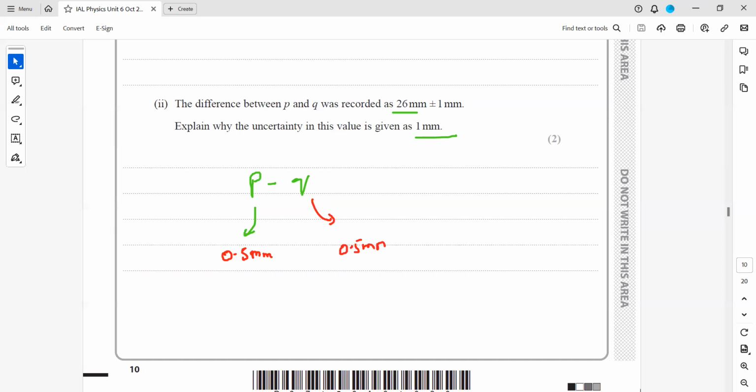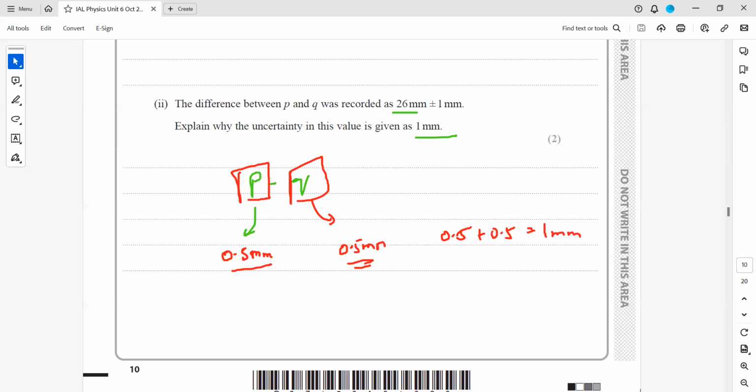Whenever quantities are added or subtracted, the uncertainty always adds. So the uncertainty in measurement of P is 0.5 millimeter and the uncertainty in measurement of Q is also 0.5 millimeter. So what will be the uncertainty in these two measurements? When we work out the difference, 0.5 plus 0.5 is equal to 1 millimeter.